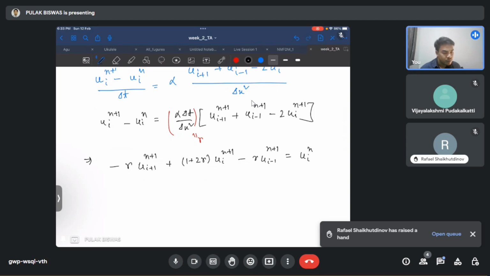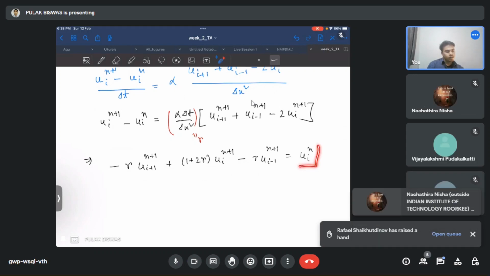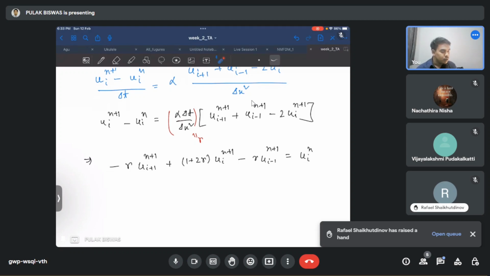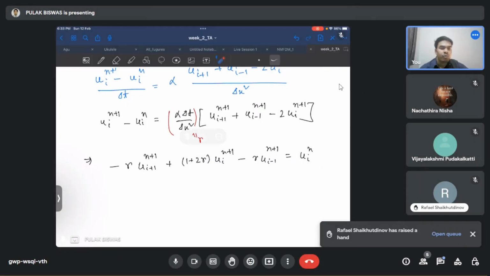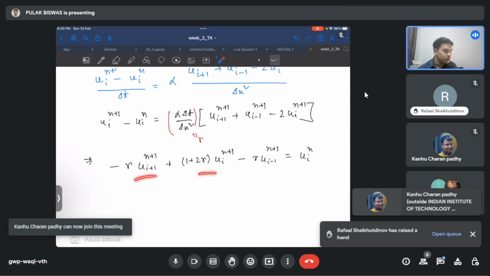And from here, the only value that is known is this one. And this is past. And these are the present values at different locations.